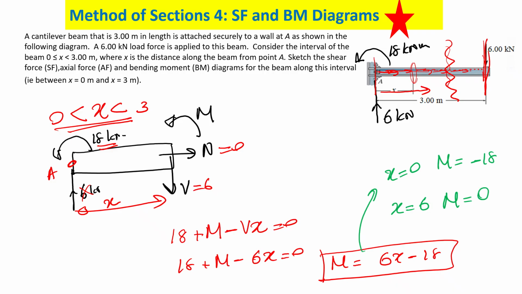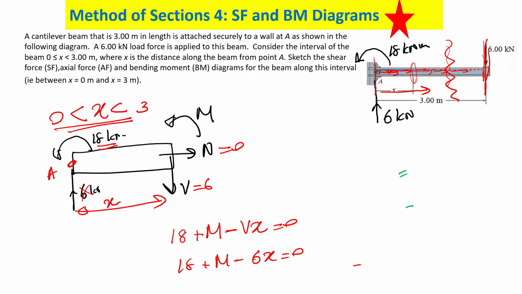No. 18 plus 3. Sorry, this is 3 now. X is between 0 and 3. Isn't it? Yeah. So how do you draw this one now? Let's draw. Normally we draw it underneath the beam, so it is easier. When the X changes, we can find out.